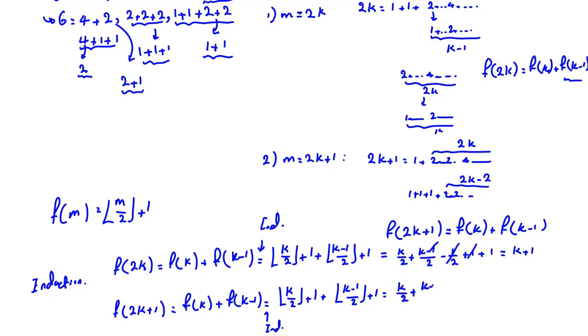You can write k over 2 plus k minus 1 over 2 minus 1 over 2 plus 1 plus 1. Now, for this part, again, it will be k plus 1, similarly. Again, m over 2, this is k plus 1 over 2. Floor of that is k plus 1. So we proved this problem.